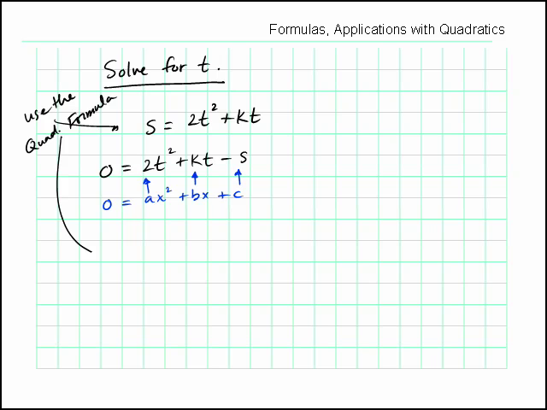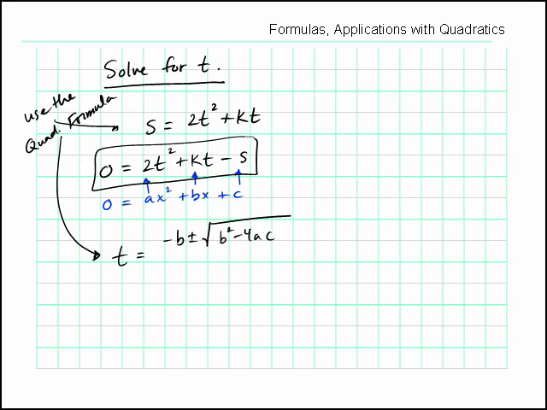So down here, I'm going to use the quadratic formula to solve this equation for t. T equals negative b plus or minus the square root of b squared minus 4ac, all divided by 2a. T equals negative b, so that's going to be negative k plus or minus the square root of b squared, which is k squared here, minus 4.